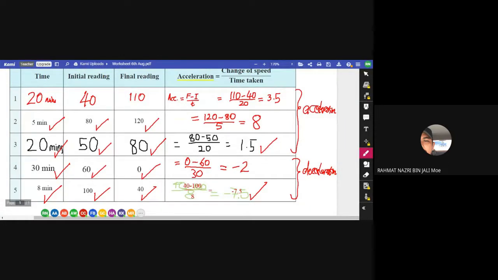Click raise hand button. Deceleration, 1C only, sorry. But acceleration, we have a double C here. Deceleration, one small letter c only here.